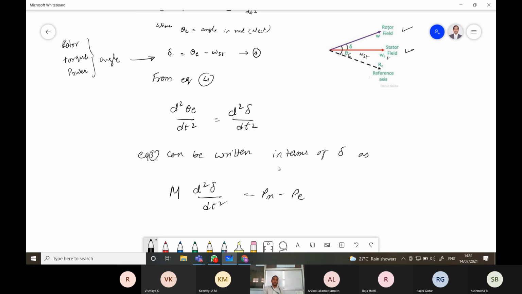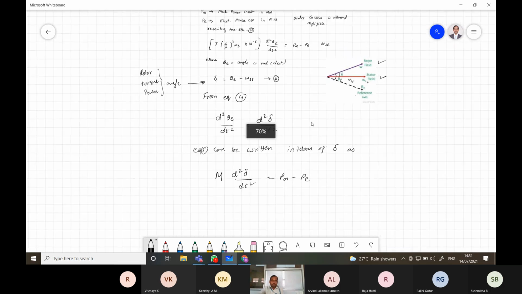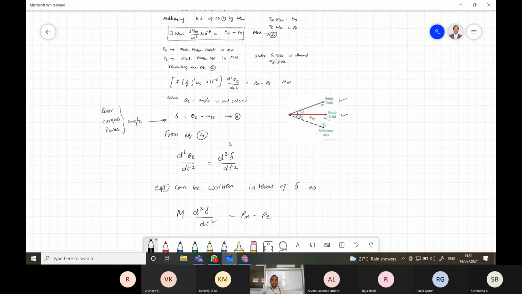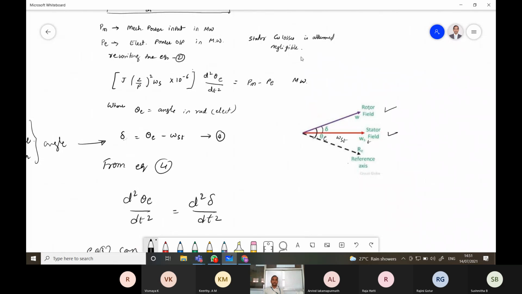Because we know the value of M, that is, cos j into (2 by p) whole square into omega s into 10 raised to minus 6, that is termed as M. That is equation number 3: M into d square theta e by dt square is equal to Pm minus Pe.